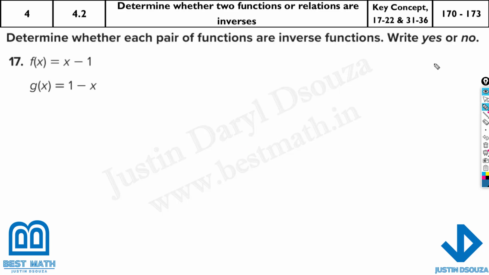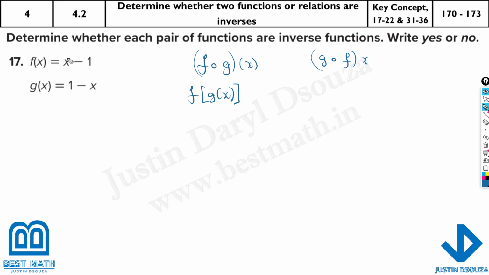Now let's see over here. First, you need to do f, this circle means composition of g. What does this mean? And there is also g composition of f. This is very simple. This means f of g of x. What exactly this means is, what is the function g of x? That is 1 minus x.